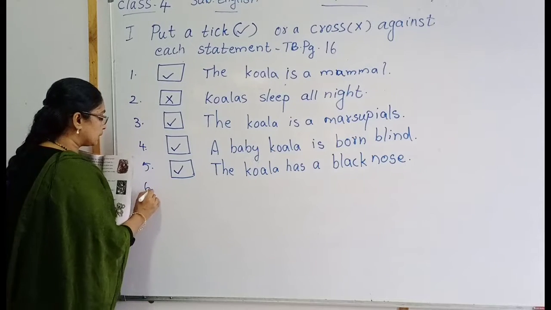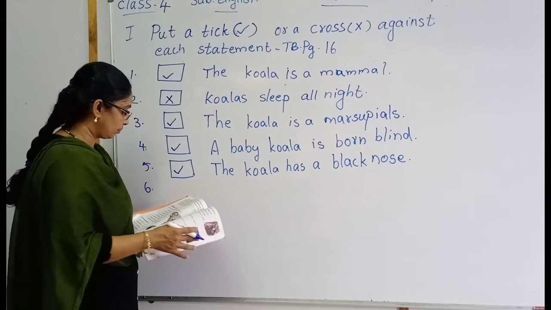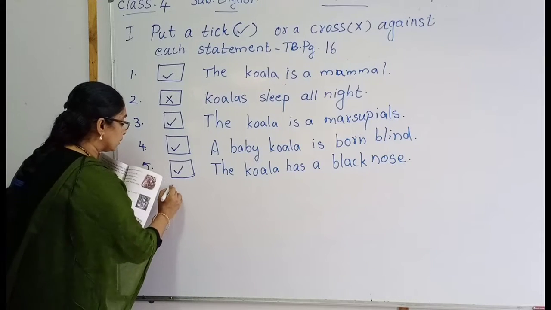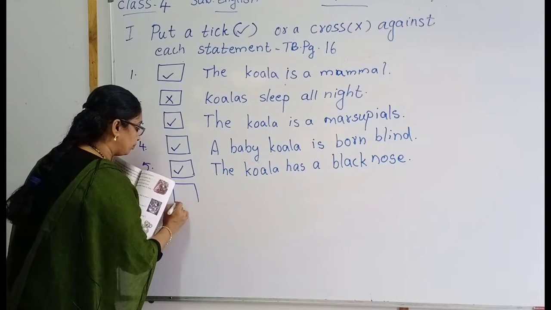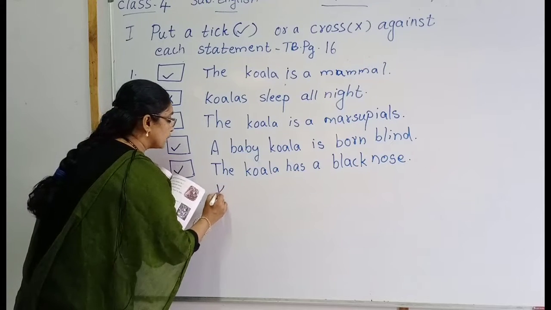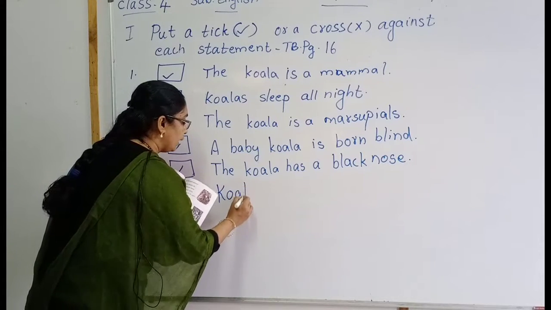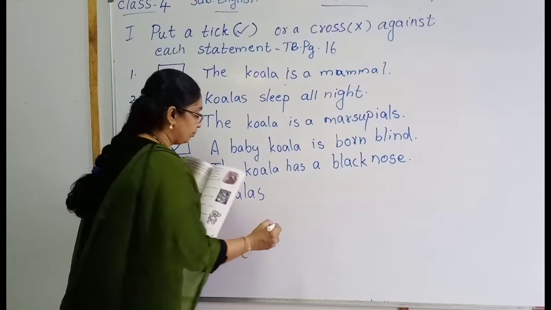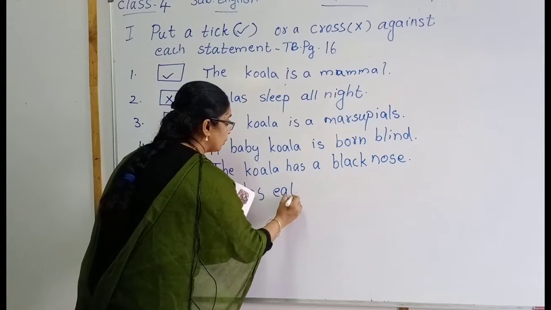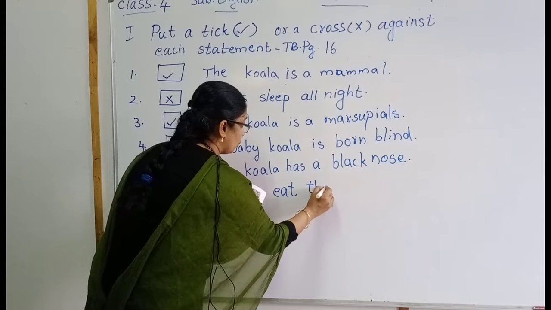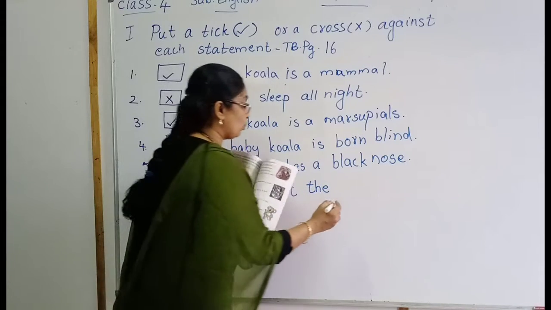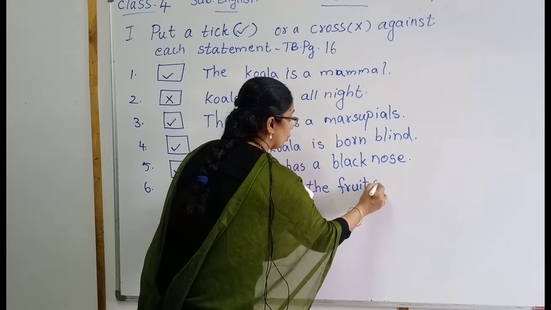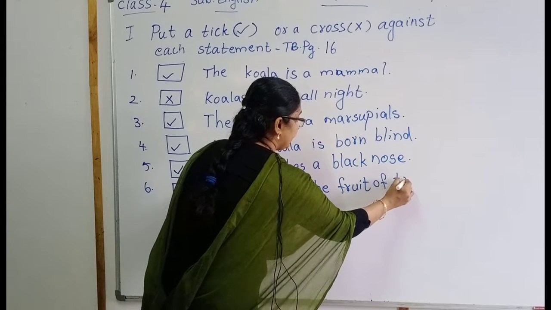Then number 6, koalas, column. Koalas, C-O-A-L-A-S, koalas eat the fruit of trees.